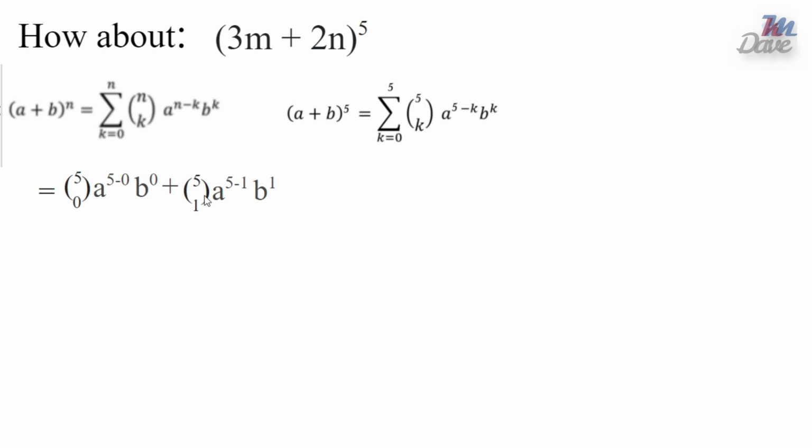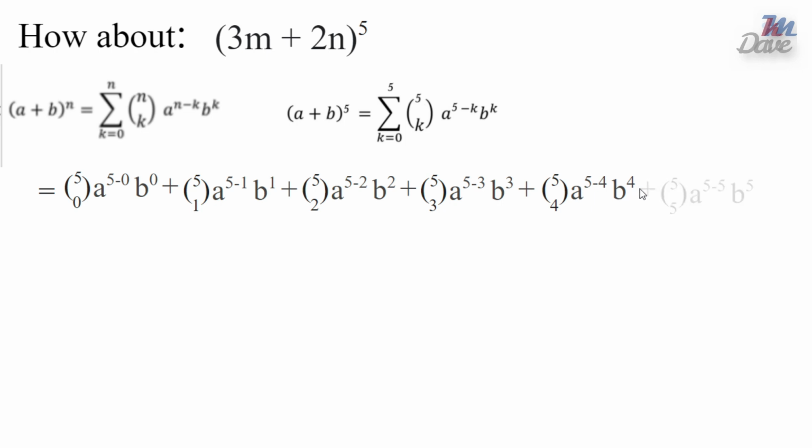Like 5 choose 1 times a to the 5th minus 1 power times b to the 1 power plus 5 choose 2 times a raised to 5 minus 2 times b raised to 2 plus 5 choose 3 times a raised to 5 minus 3 times b raised to 3 plus 5 choose 4 times a raised to 5 minus 4 times b raised to 4 plus 5 choose 5 times a raised to 5 minus 5 times b raised to 5.